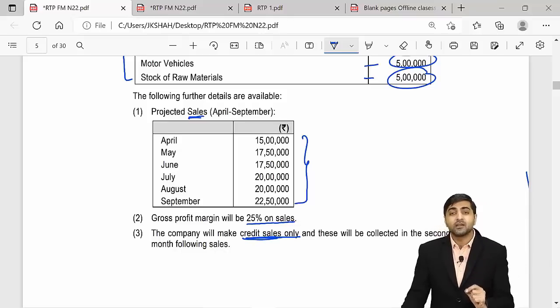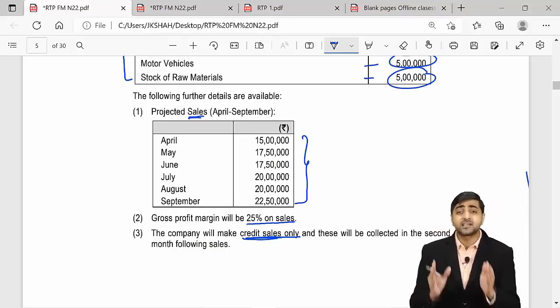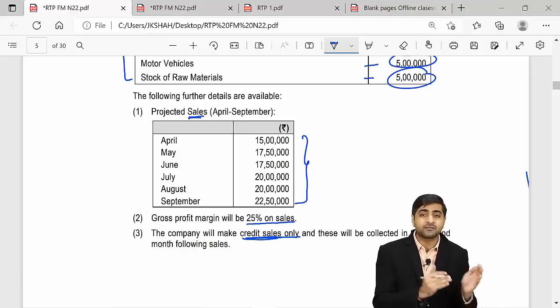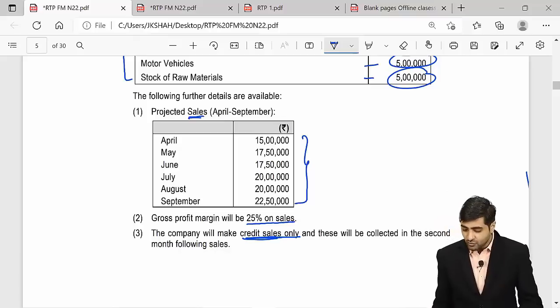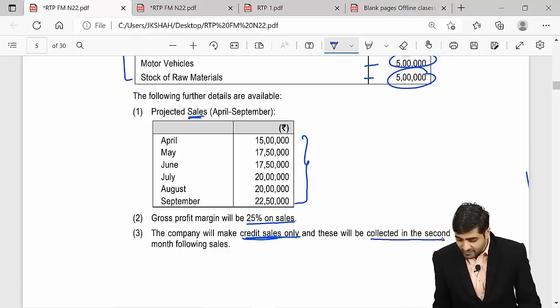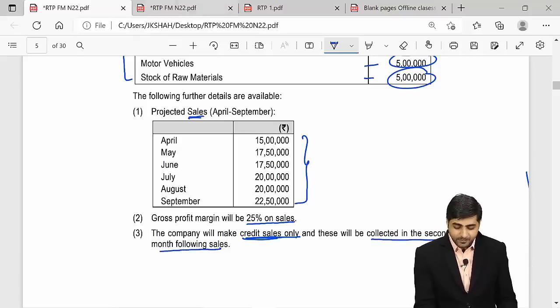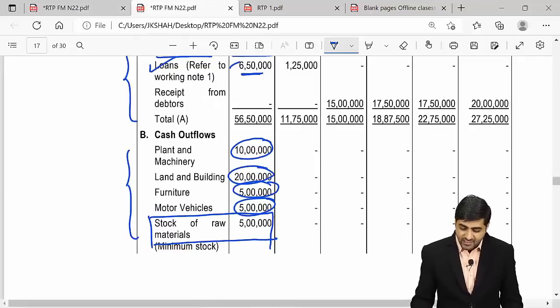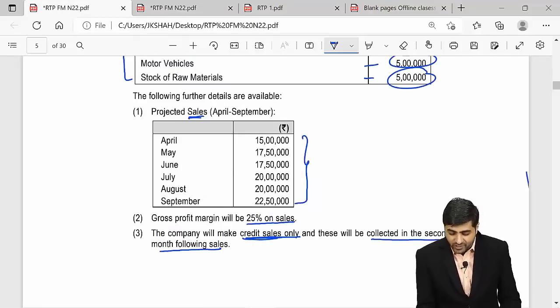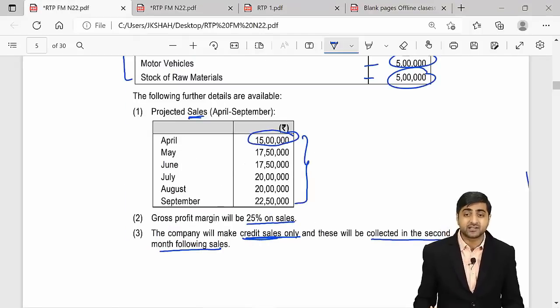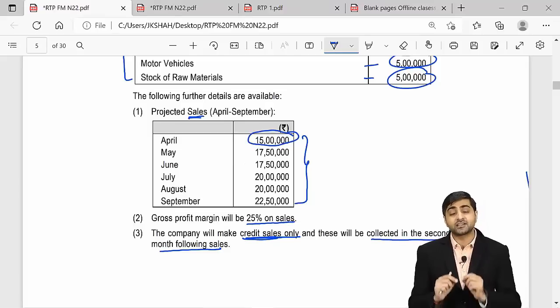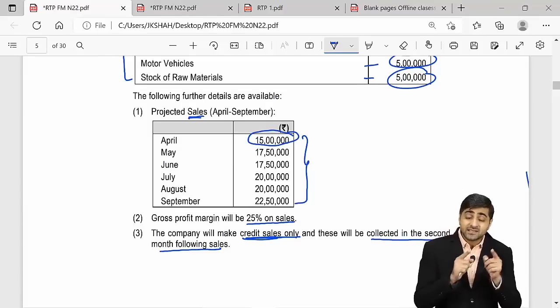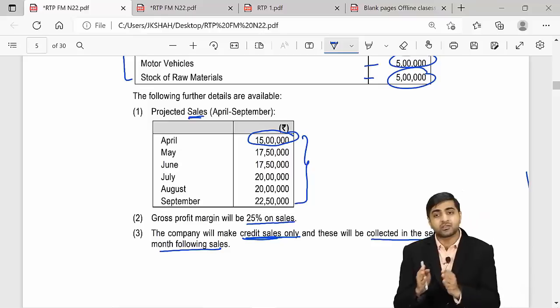Also at the same time, we are not concerned with credit sales, we are concerned with how much money we are going to collect from debtors. So you can check that this will be collected in the second month following the sales. So basically here you can check that there is receipt from debtors. So whatever is your April month credit sales, if they might have told you that it is collected in 1 month, then this April month collection can be done in the month of May.